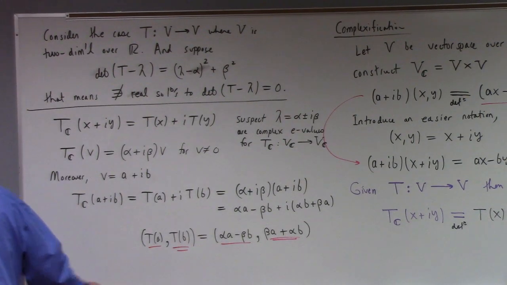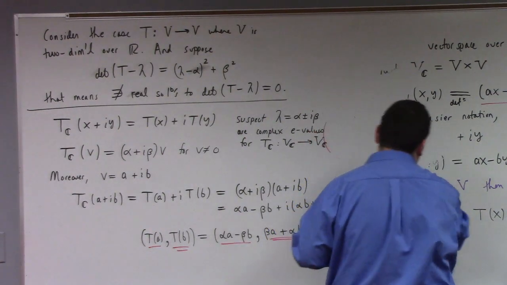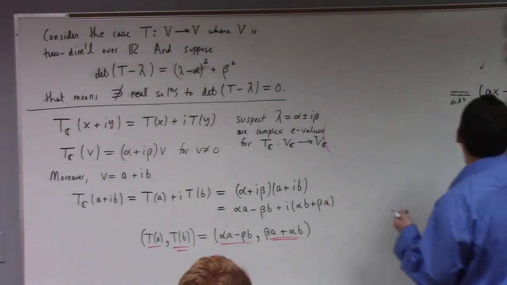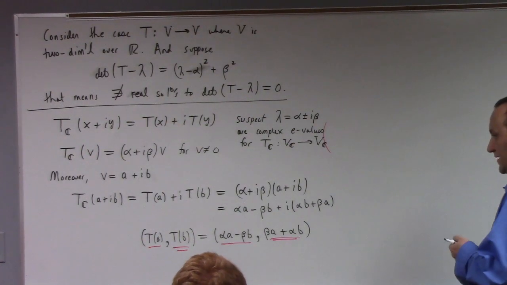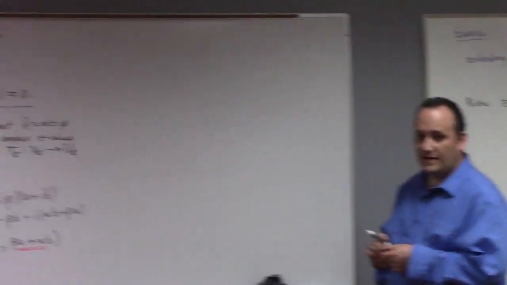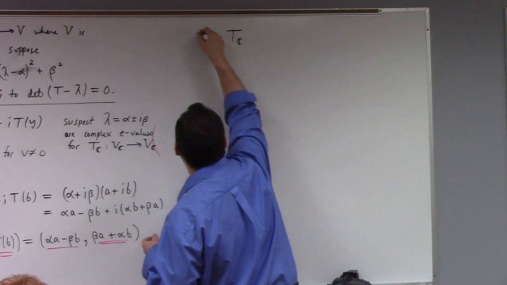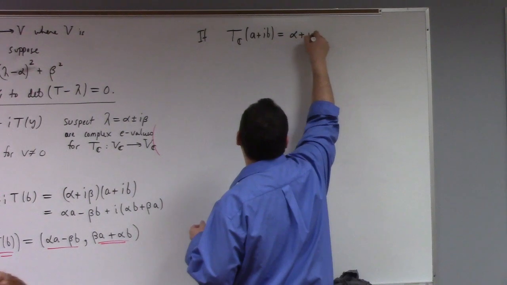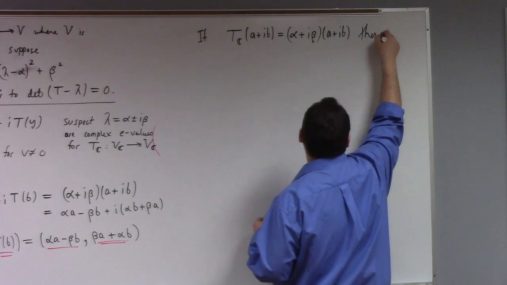What does that tell us? That tells us that if we look at the complexification of a real transformation on a two-dimensional space, and it just so happens that that transformation has a complex eigenvector of a plus ib, so I'll rewrite it. We have, if Tc of a plus ib equals alpha plus i beta times a plus ib, then we have two things.